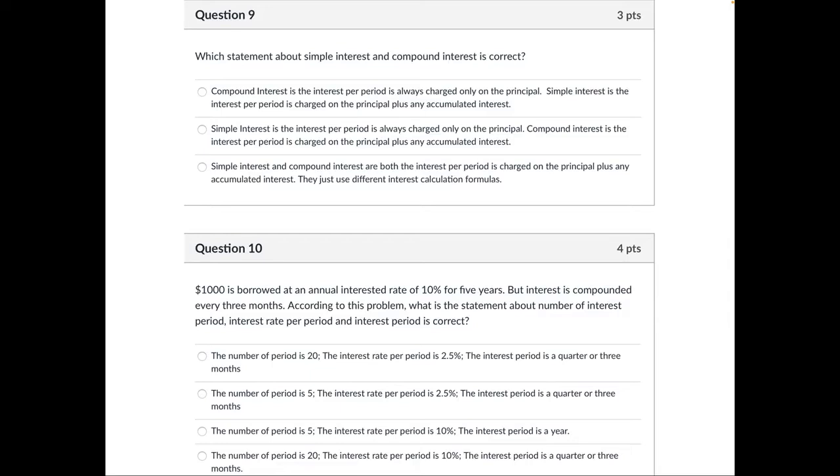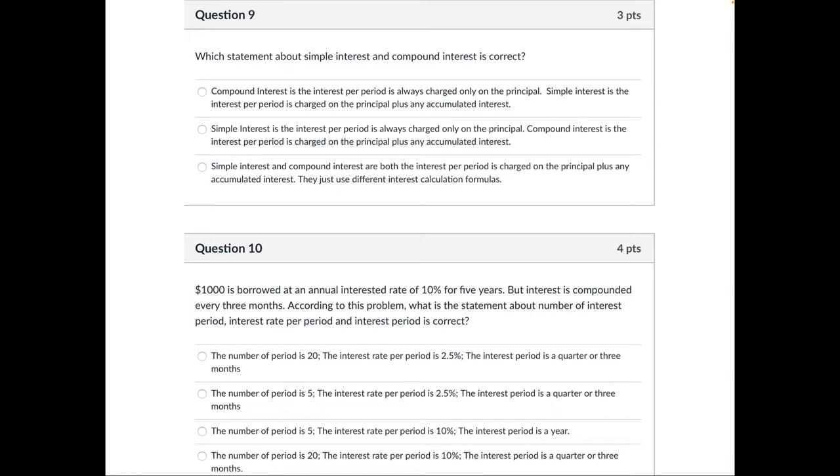A new question. Which statement about simple interest and compound interest is correct? Okay, so by definition, simple interest is the interest per period, which is always charged only on the principal. So nothing about the interest earned per period. But on the contrary, compound interest is the interest per period, which is charged on the principal plus any accumulated interest.